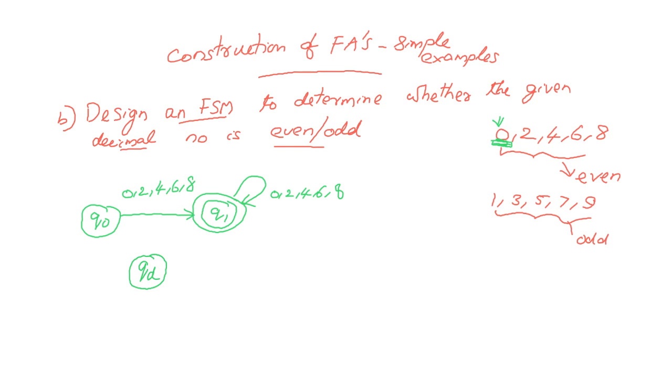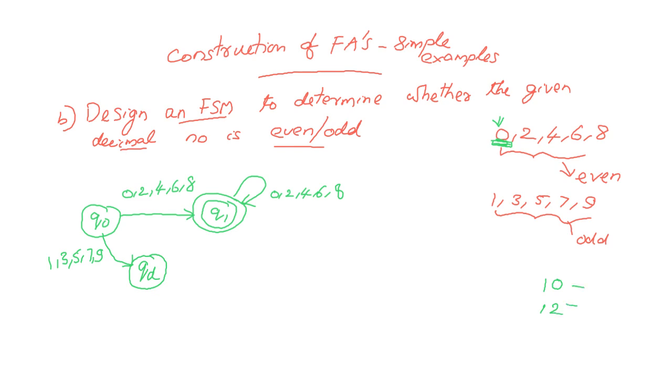Okay, so now if you're getting anything like 1, 3, 5, 7 or 9, then you are going to move to the dead state. But it's quite possible that after getting a 1, you may get a 0. For example, if the string that you're getting is say 10 or 12, this is an even number.